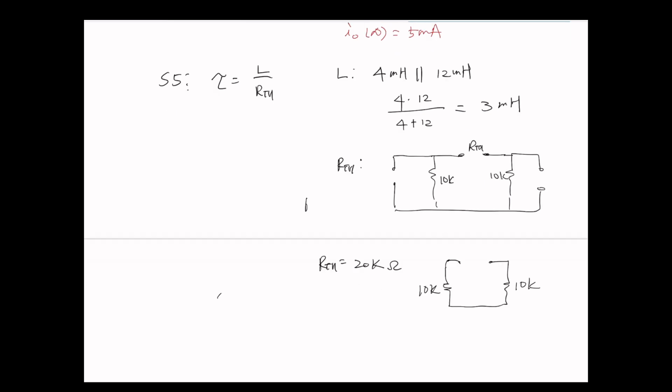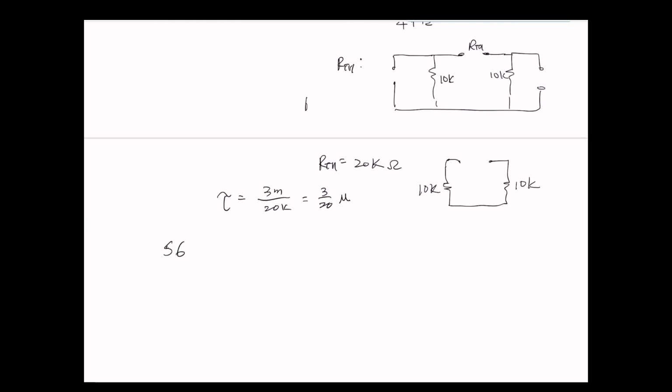Then the tau equals L, we have 3 milli over R TH 20k, and if you take the k from the denominator to the numerator, it's going to be micro. Now step number 6, so we are done. I sub 0 of t equals I sub 0 infinity plus [I sub 0 0 plus minus I sub 0 infinity] e to the negative t over 3 over 20 micro.